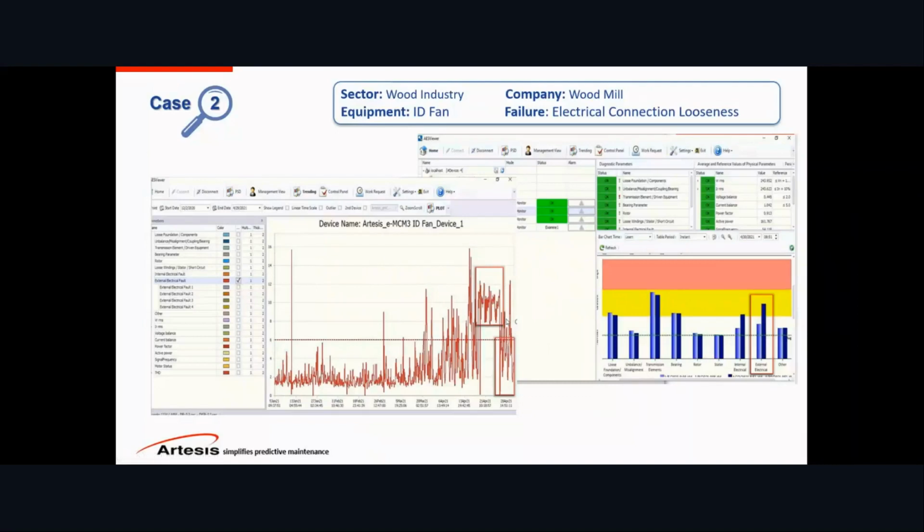Then with the trend analysis, they were able to see it was an external connection issue. So they went and checked, and connections were loose. When they fixed that, it went back down to normal, as you can see here, very quickly.